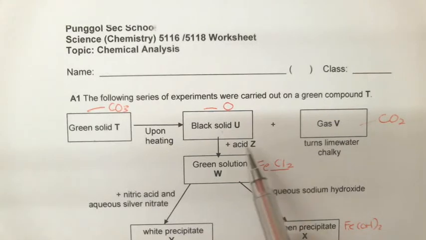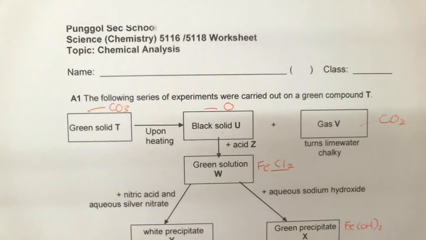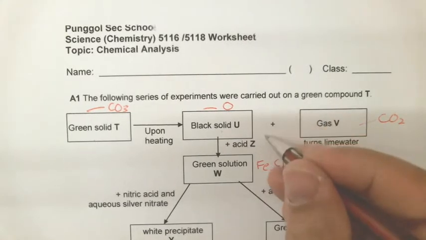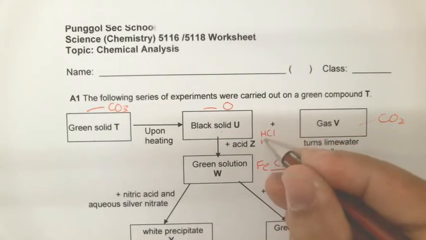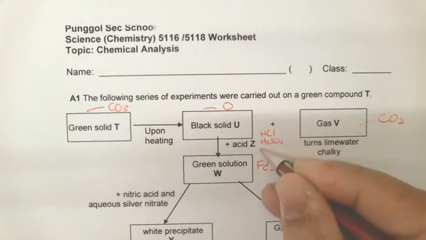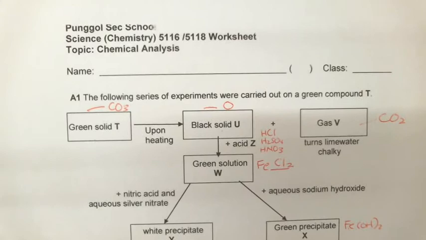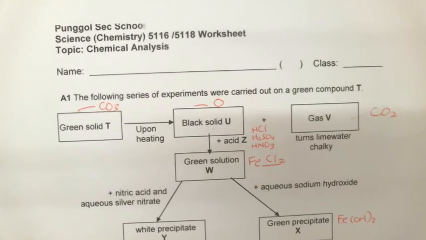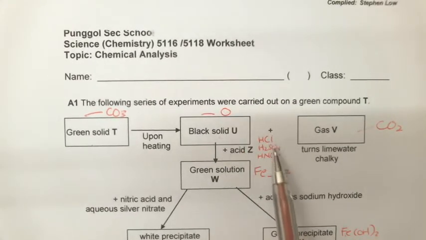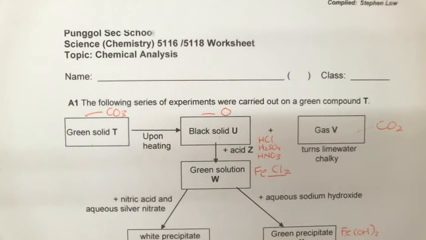Now if you think closely, what is acid Z? How many types of acid can you think of? HCl, H2SO4, and HNO3, which is nitric acid. So which oxide reacts with which acid to give you iron chloride?